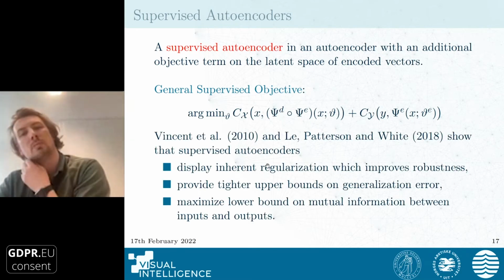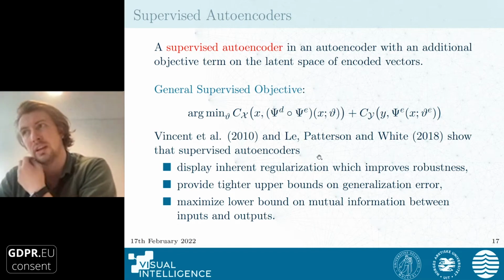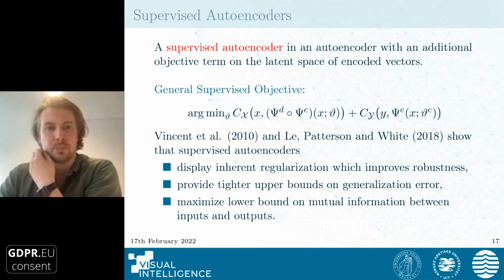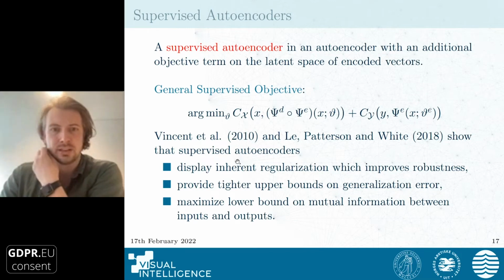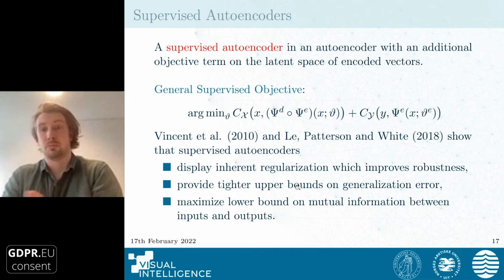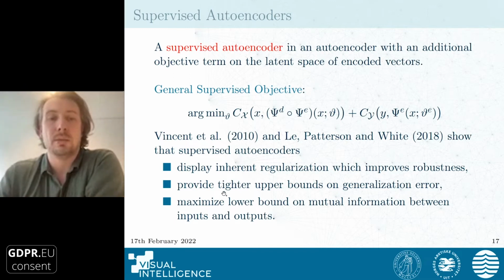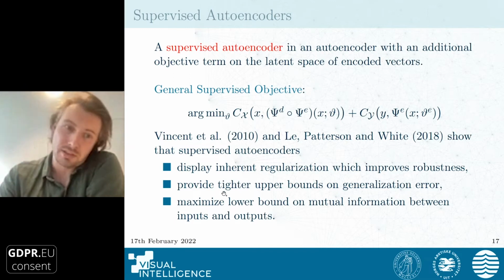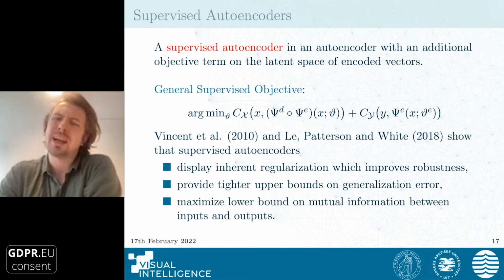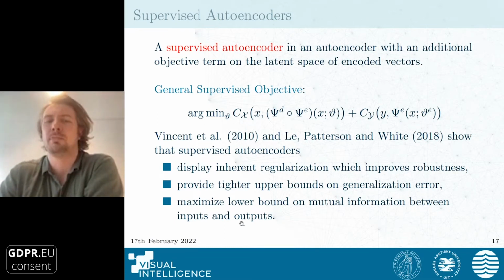Some work has gone into looking at the effect of these supervised autoencoders, and they have some nice properties. In particular, they display inherent regularization, which improves robustness. They provide tighter upper bounds on the generalization error, and they maximize the lower bound on mutual information between inputs and outputs.